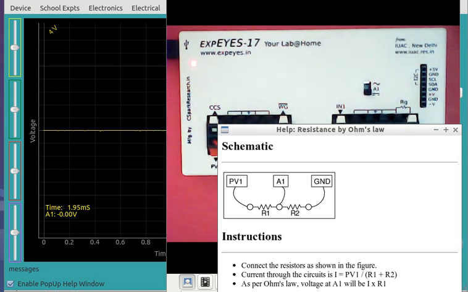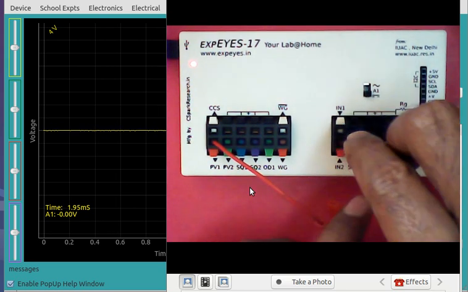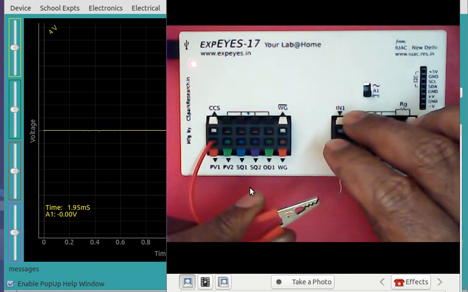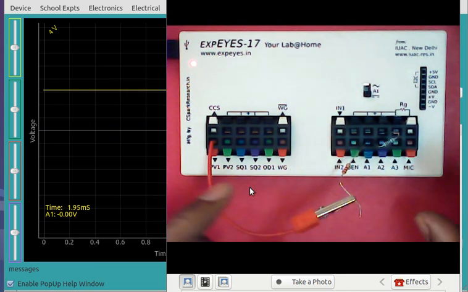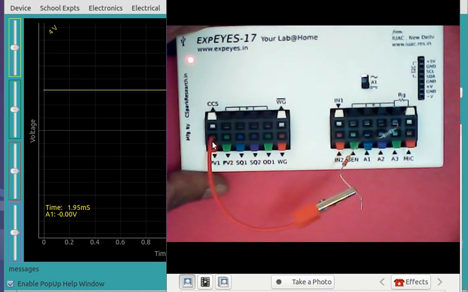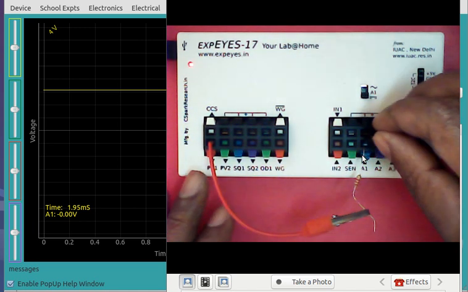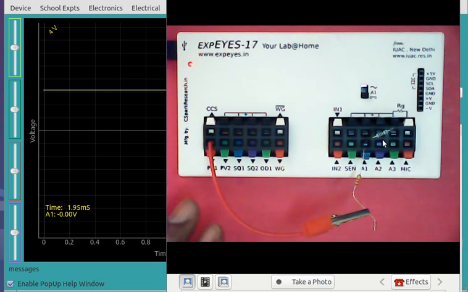So we will put a clip here, and this is our connection. So we have the programmable voltage here, and it is coming through a resistor to A1, and then from A1 you have another resistance going to ground.